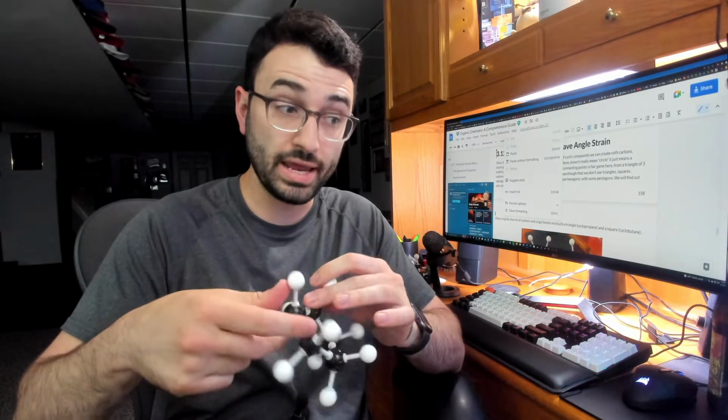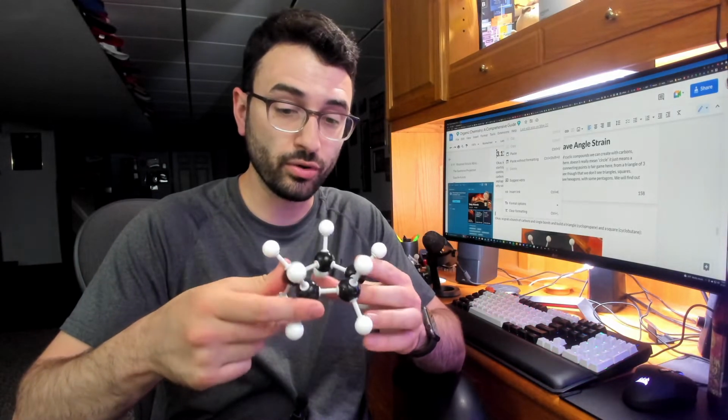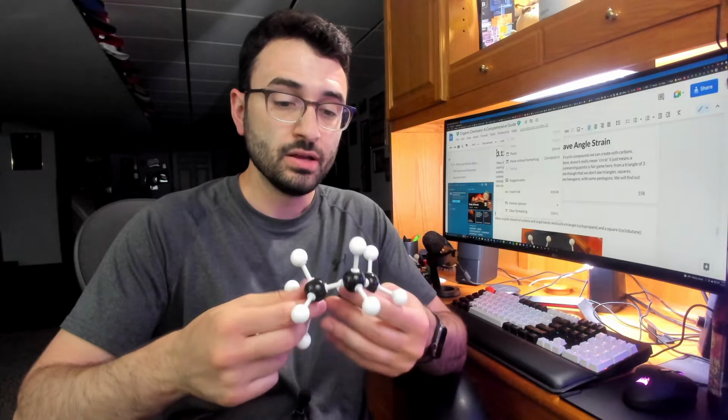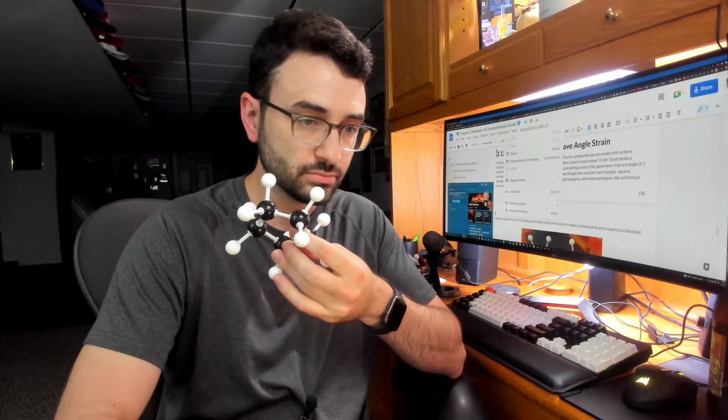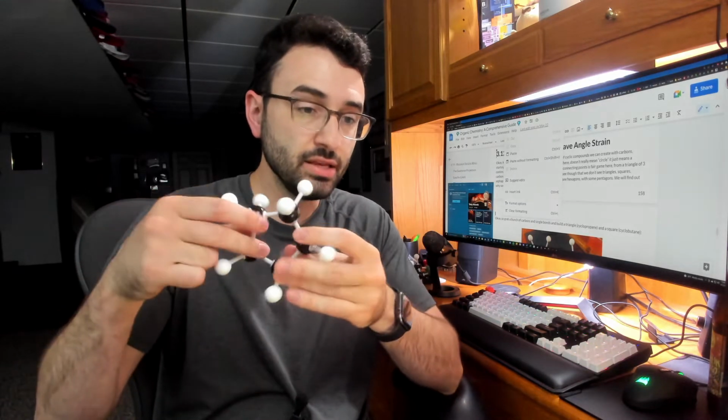So this is 108, which is just below 109.5. So here we have cyclopentane that we just created. And yeah, it's 108 degrees for the internal angles.